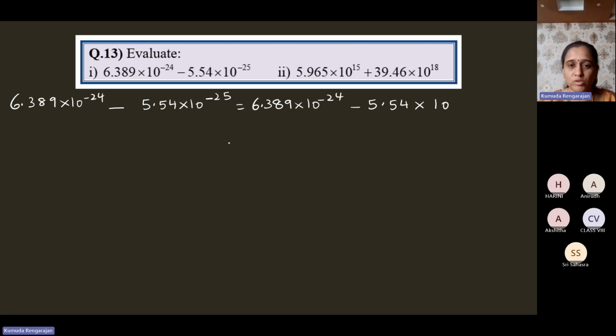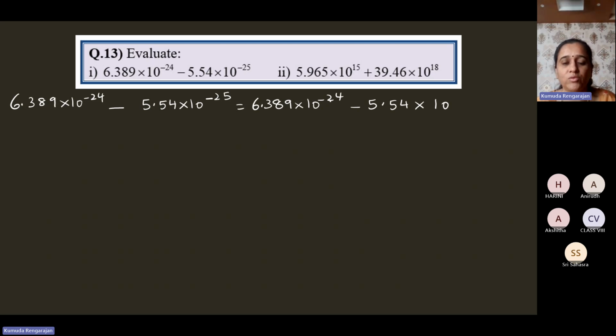Actually, I'll do it both the ways. You can also change the greater power. Now we'll write this minus 25, which is smaller between minus 24 and minus 25, using minus 24.